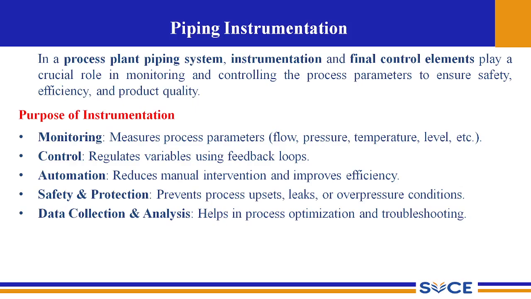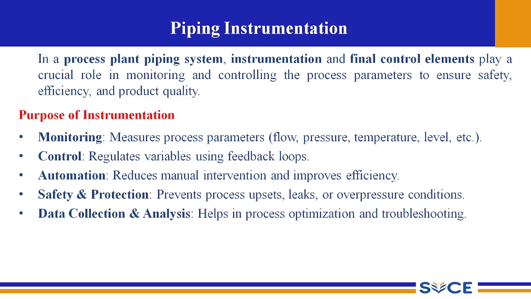If we do not pay attention to the safety, then what happens is the loss of material and loss of life, and it may lead to some accidents. So the instrumentation prevents the process upsets, leaks or any overpressure conditions which may be harmful for running the process.